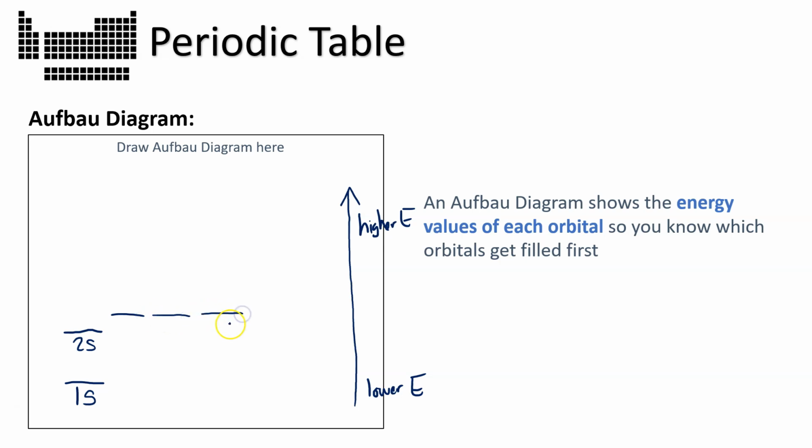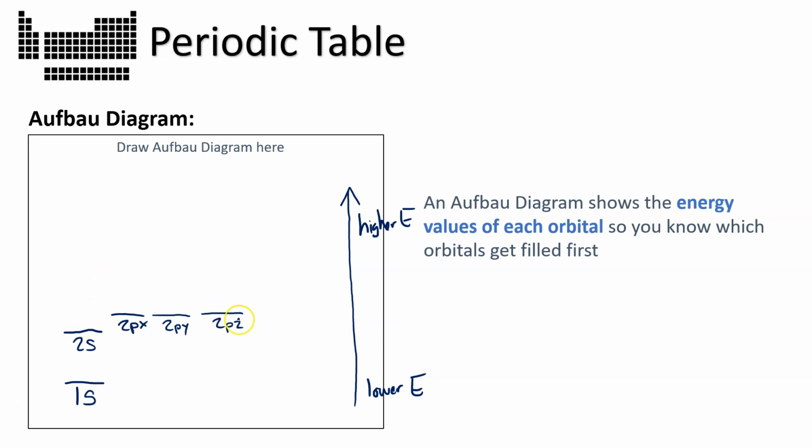Now some things to keep in mind from my last video or from your prior knowledge about orbitals. For the 2p's, there's actually 3 of those, so I have to do 3 different lines. They all have the same energy value, and it's just slightly higher than the 2s. We can label them specifically as the 2px, the 2py, and the 2pz.